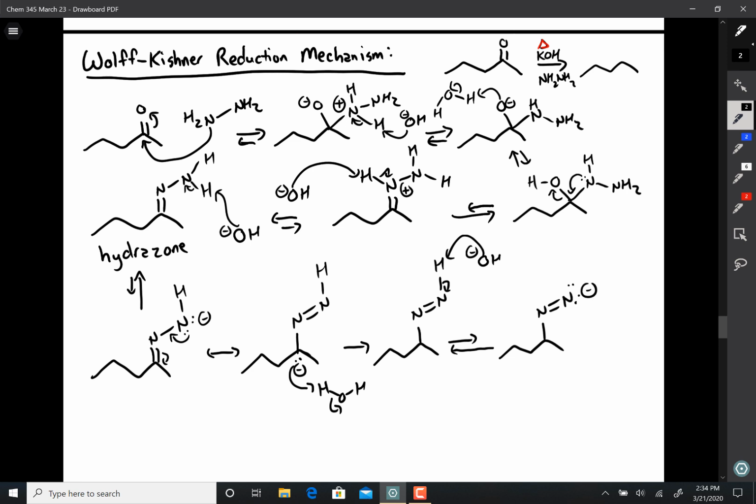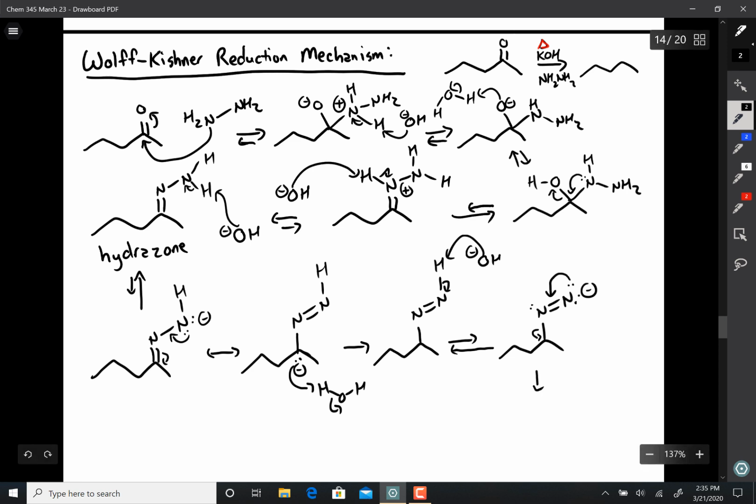Again, not the most favorable of reactions because negative nitrogens are typically far more basic than negative oxygens are, hence the heat. But if you look at this, if you use these electrons here, they can swing down and they kick off this group.